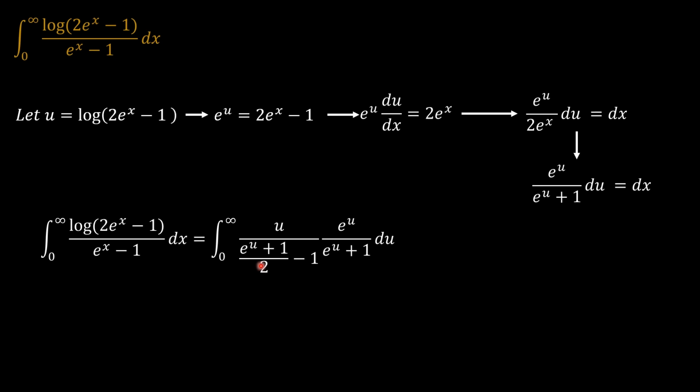And therefore, in place of natural logarithm of 2e to the power x minus 1, we have u, and in place of e^x, we have (e^u plus 1) over 2, minus 1, and then we have e^u over e^u plus 1 du. So this goes up here, so we have 2, and in the denominator now we have e^u minus 1, and in the numerator we have u remain, and next here we have e^u over e^u plus 1.